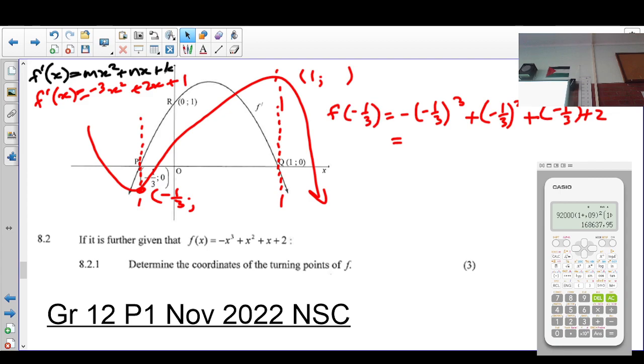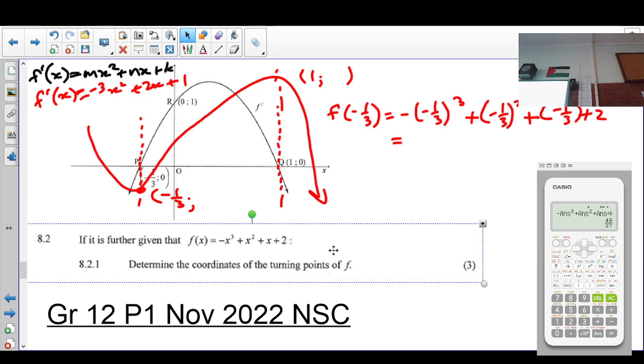So you put in the calculator negative a third, equals, so that's the last answer calculated. So it's negative answer cubed plus negative a third squared plus 2. You get 49 over 27.